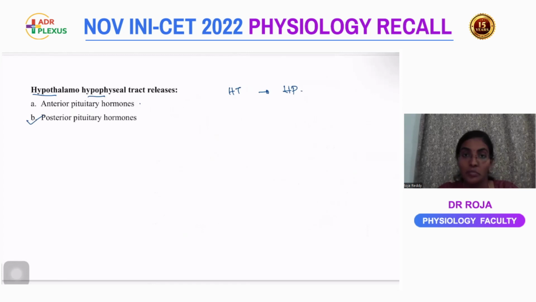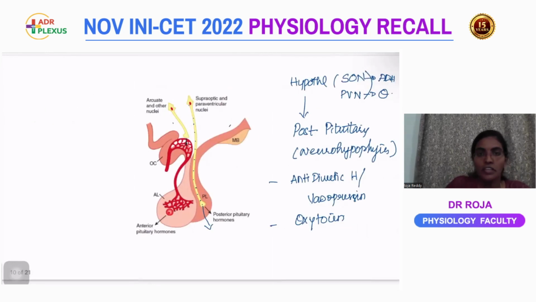Then what about the anterior pituitary? For the anterior pituitary hormones, there are what are known as releasing substances or hormones, which are synthesized in the hypothalamus and sent into the anterior pituitary via the blood circulation.